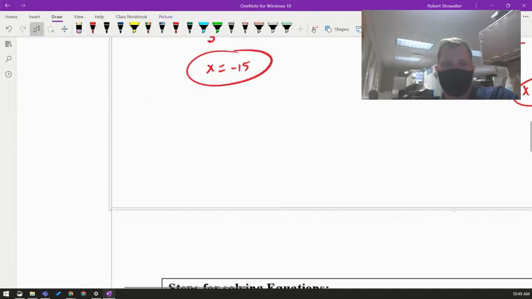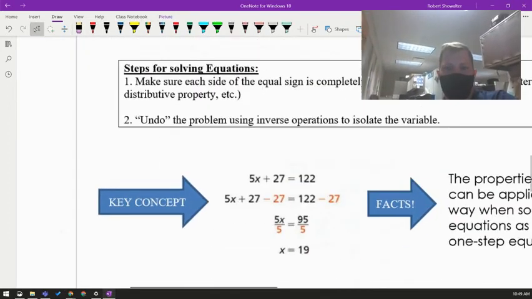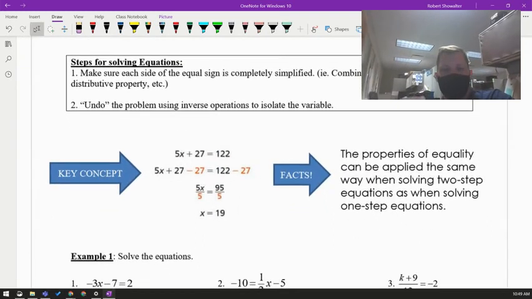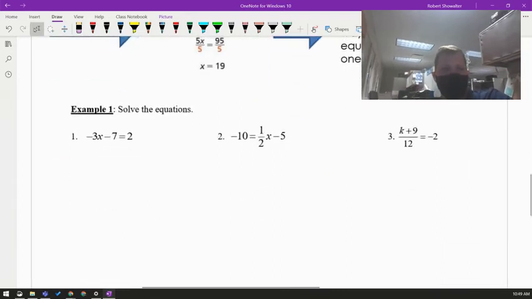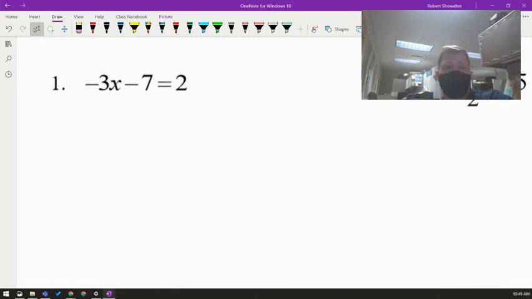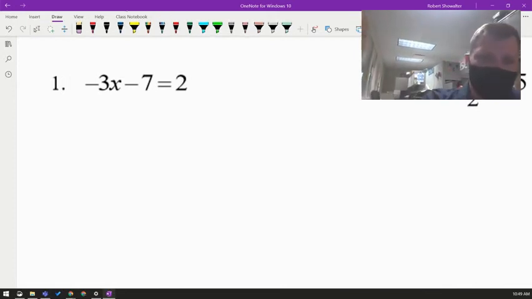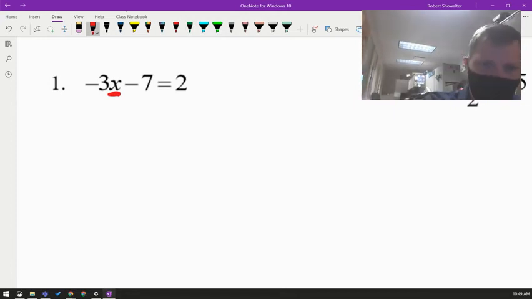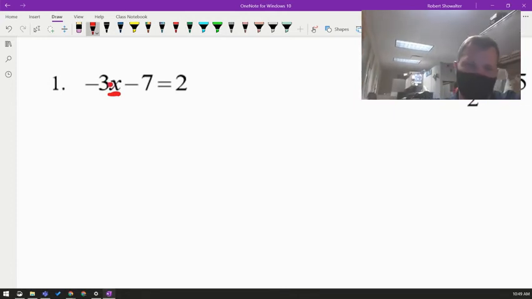Go down to this. Now, when we have two-step equations, we can look at it. We want to, again, inverse the order of operations if we can, or you want to see what's the weakest link that's bonded to the variable. So if I look at number 1, for instance, I have negative 3x minus 7. I know that the x is there. I see that there are 2 operations here, a times and a subtract.